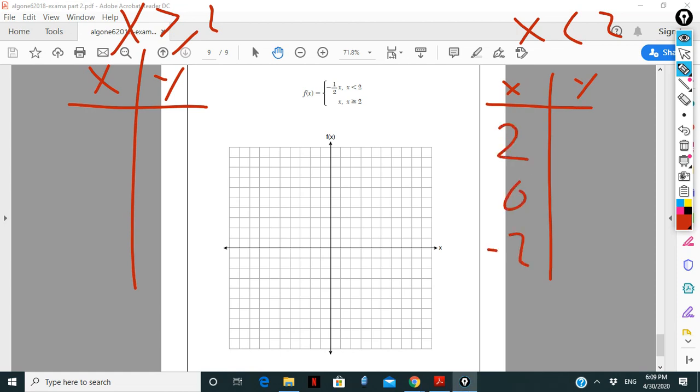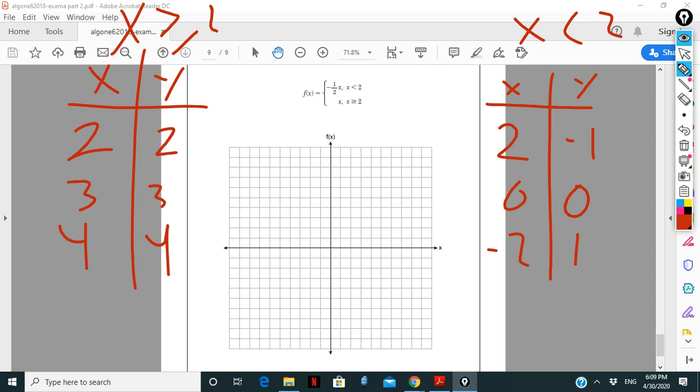That's less than 2. The 2 is going to be an open or hollow circle because it's the end of my domain. So negative half times 2 is negative 1, and negative half times negative 2 is going to give me 1. Now I'm going to use the other one: 2, 2, 3, 3, 4, 4.